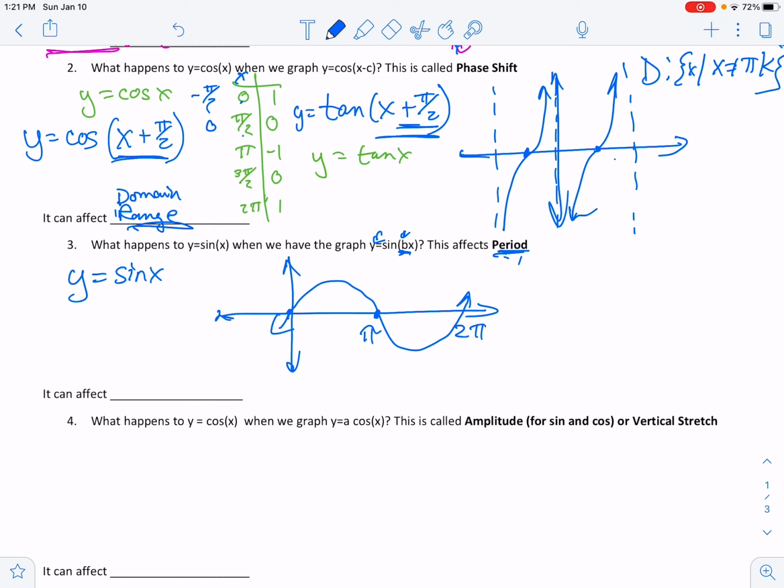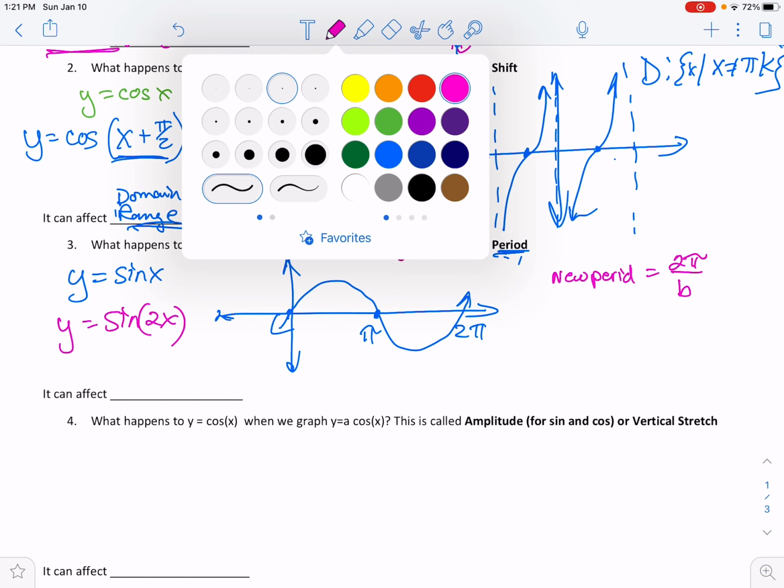Now, if I change that graph to y equals sine of 2x, this is what you have to remember. The new period equals the old period, which in this case is 2 pi, divided by b. And by b, that's this number here.